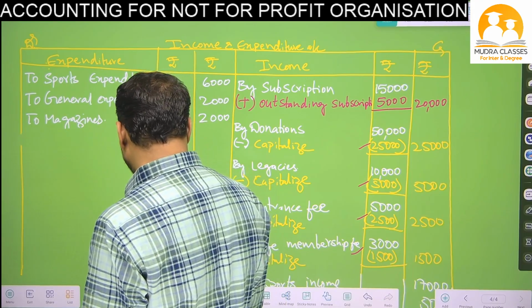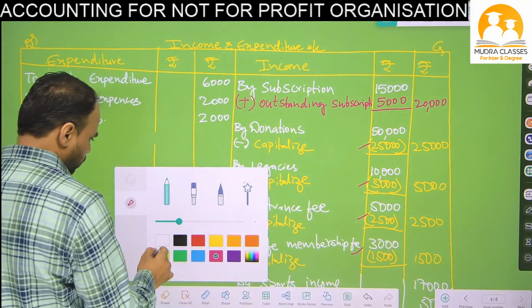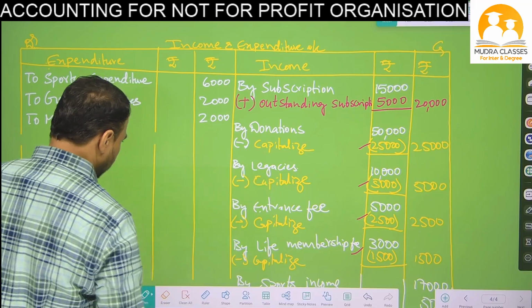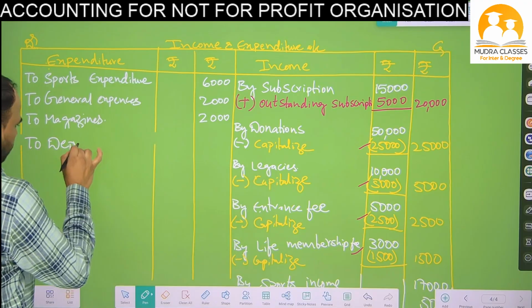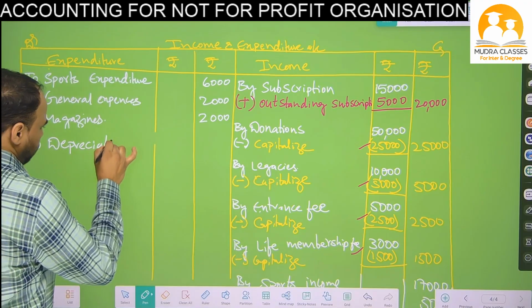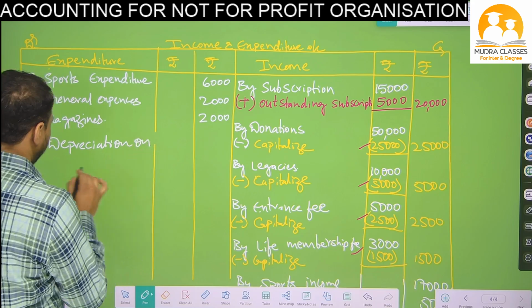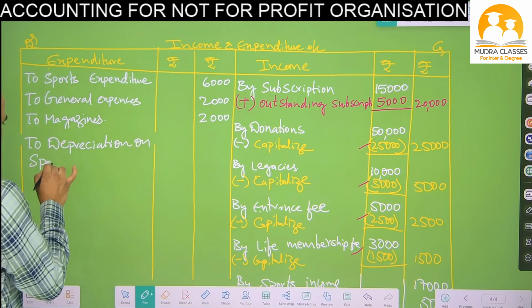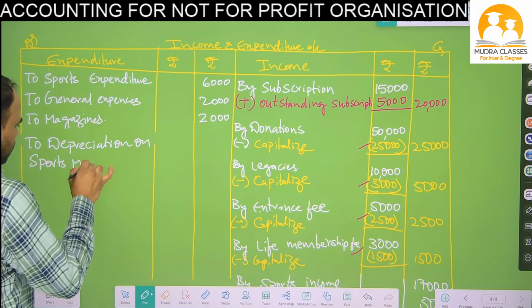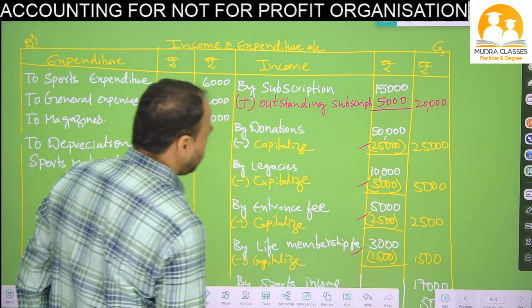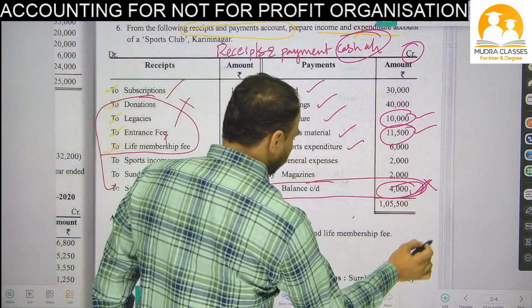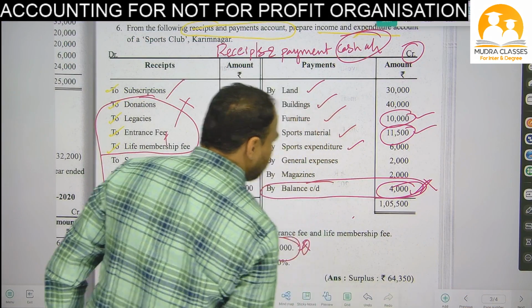If I write with another marker, it may not be visible properly. So here I will write to depreciation on sports material. What is the sports material amount? Sports material amount 11,500. On that we have to calculate 10%.